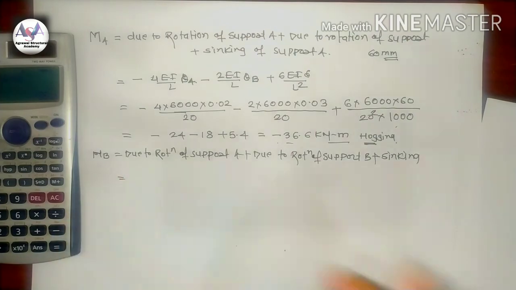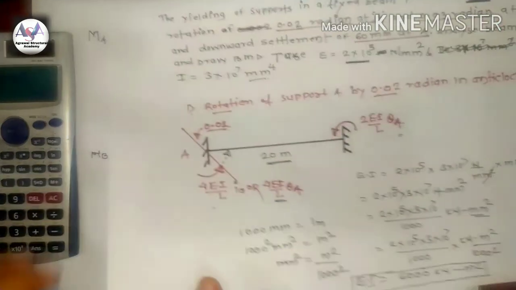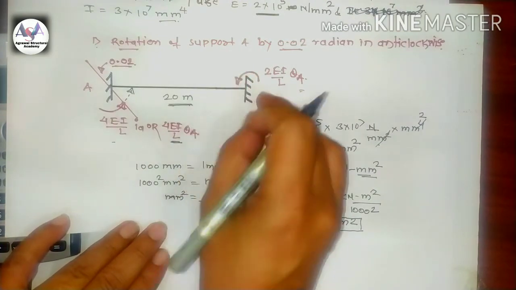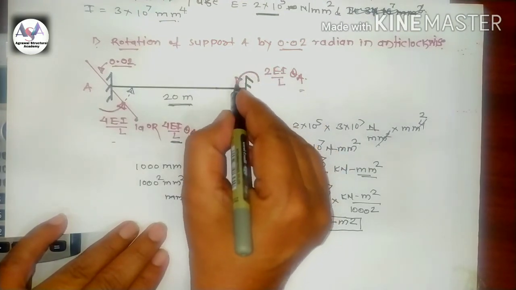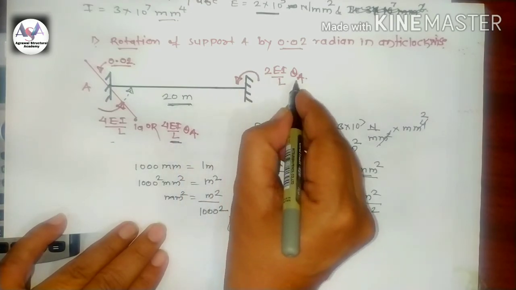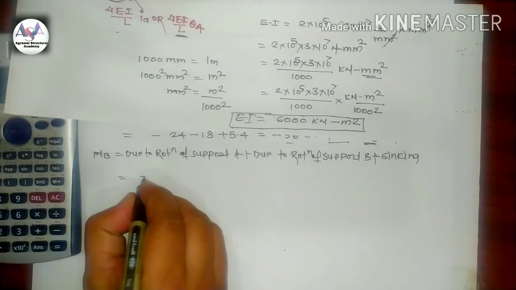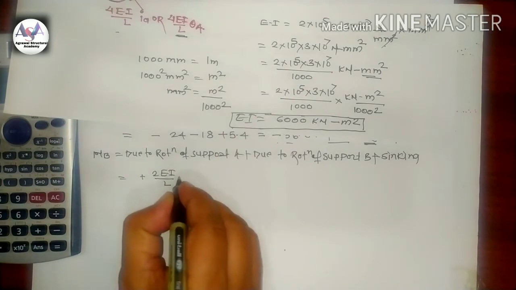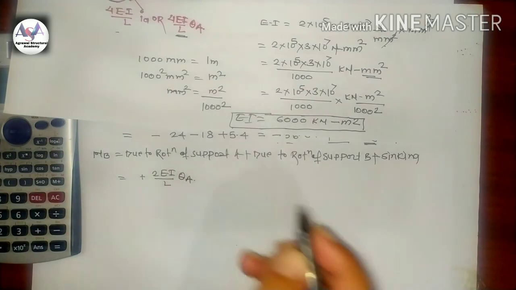Now one by one we take. First, rotation at A. How much is this? Theta A is pushed downward, it means the sagging moment. How much is it? 2EI by L into theta A. So here plus 2EI by L into theta A.